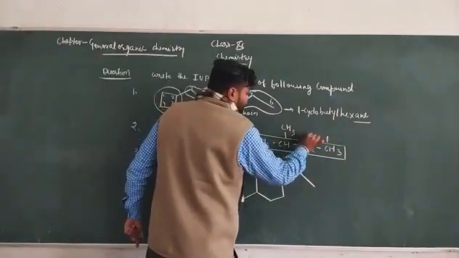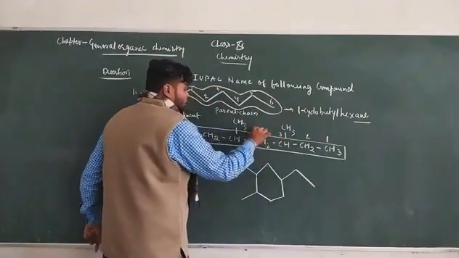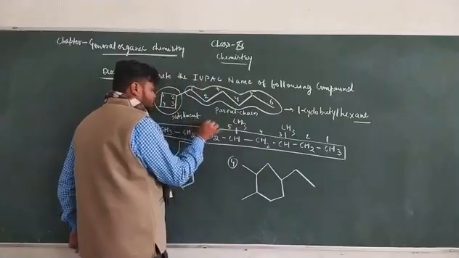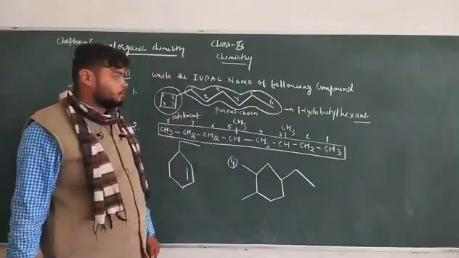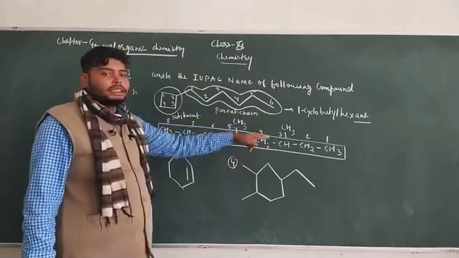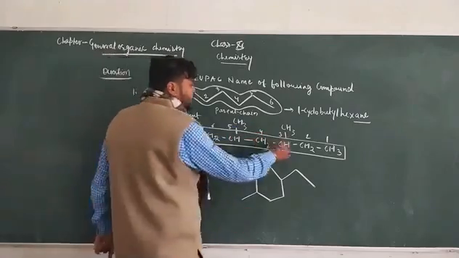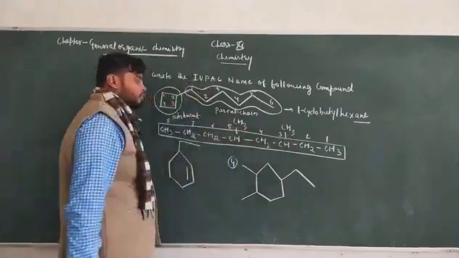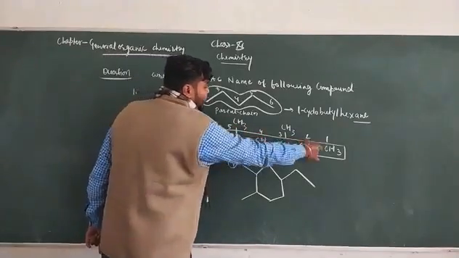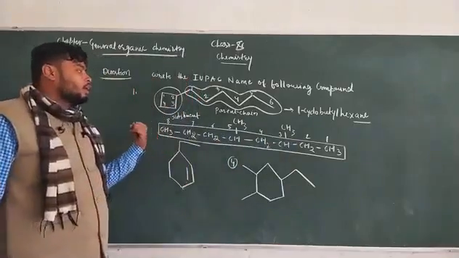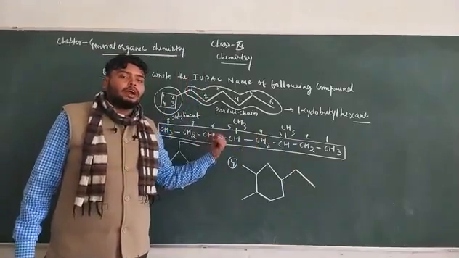I start numbering 1, 2, 3, 4, 5, 6, 7 and 8 carbons. Applying this condition, we get 3 and 5. If you number from the other side, the substituents will not get lower positions.